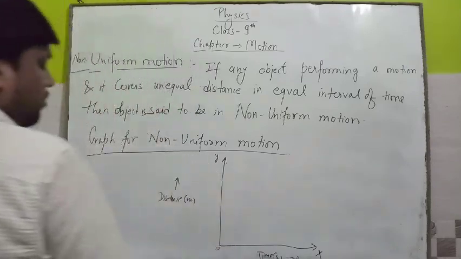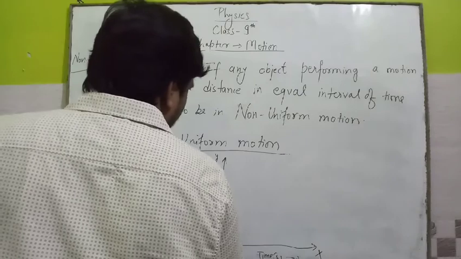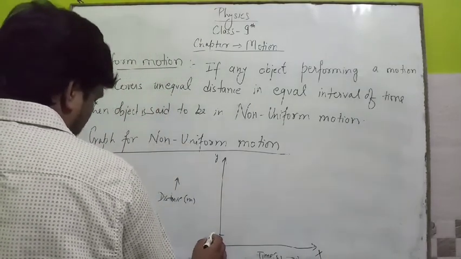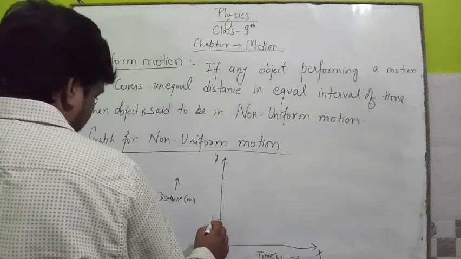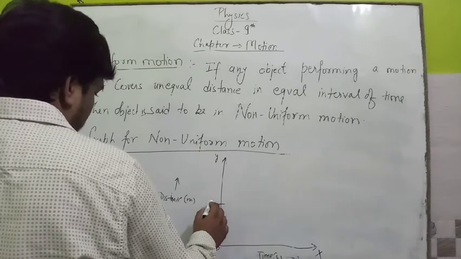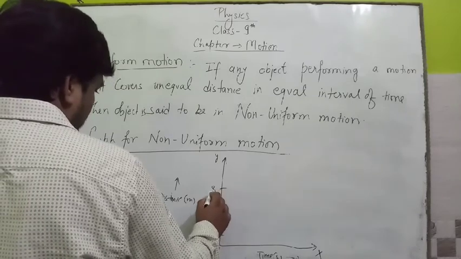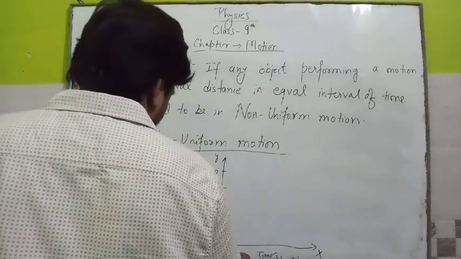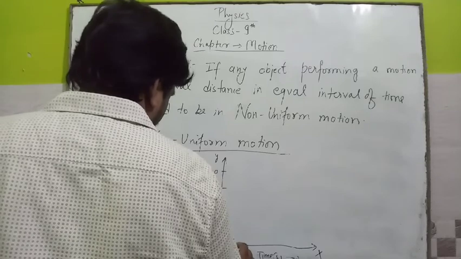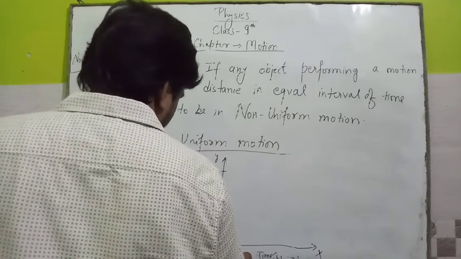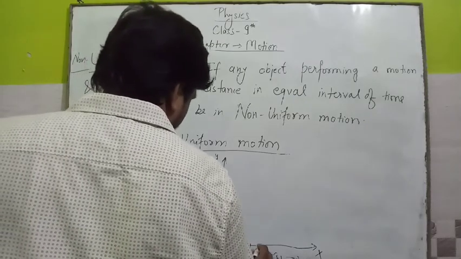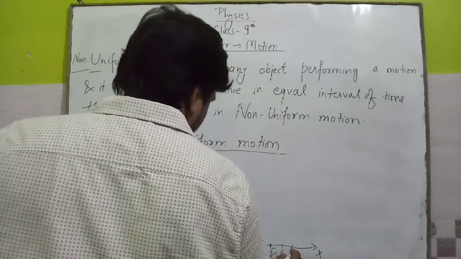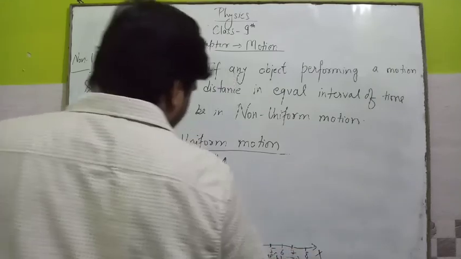Now this is 2, 4, 6, 8, 10. This is 1, 2, 3, 4, 5, 6, 7, 8. Clear?